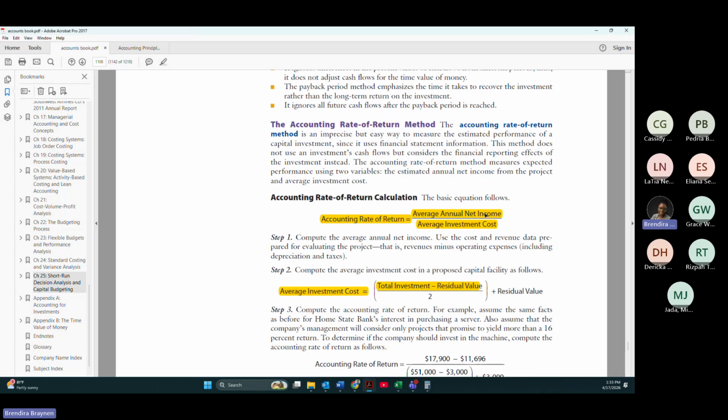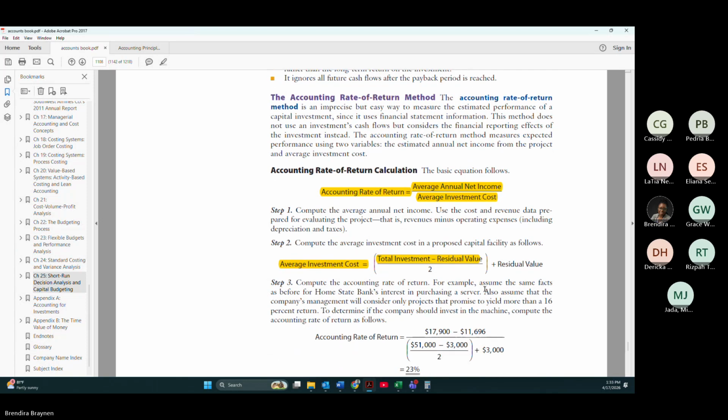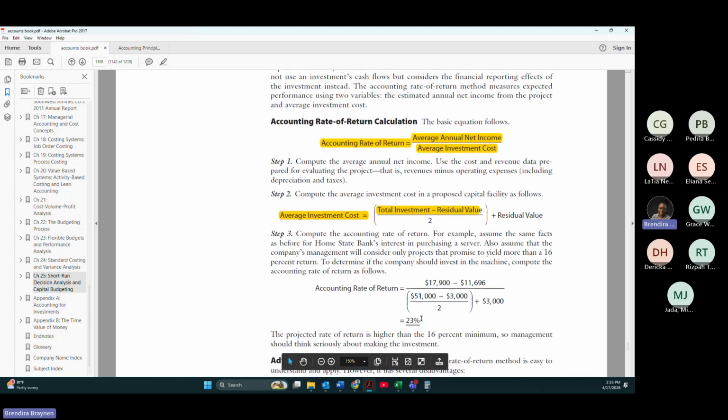So you look at the average annual net income divided by the average investment cost. And the investment cost on average is your total investment minus residual value, divided by 2, plus the residual value. Once we do all of that, we get 23%.